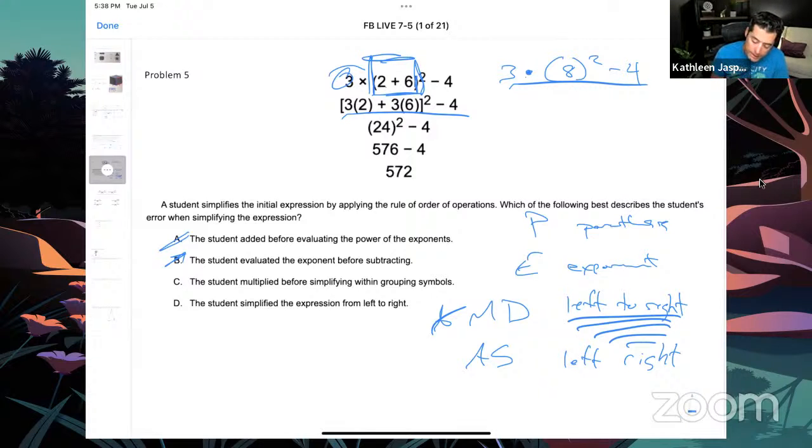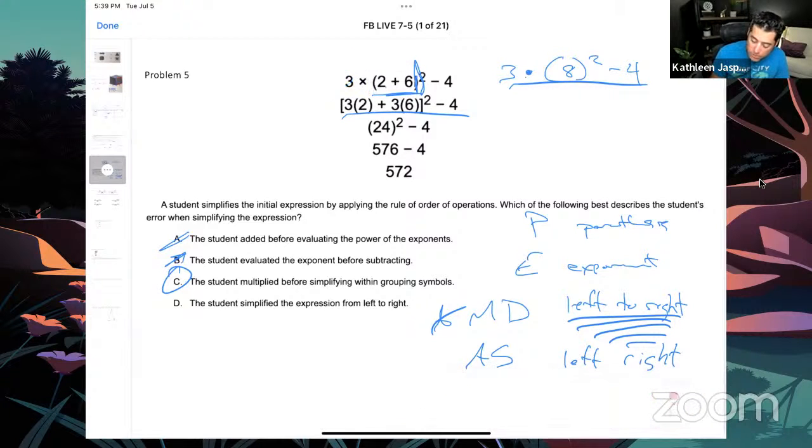And again, that's correct. He should have done the 2 plus 6 and then to the second power. D says the student simplified the expression from left to right. And again, that's not how it was. So C is the correct answer here.